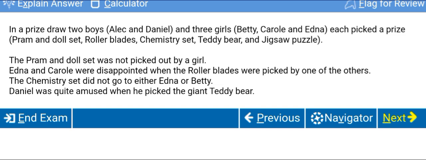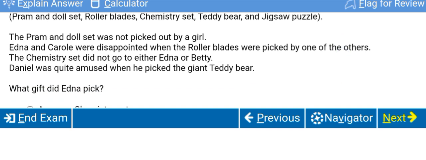The prom and doll set was not picked out by a girl. Edna and Carol were disappointed when the roller blades were picked by one of the others.